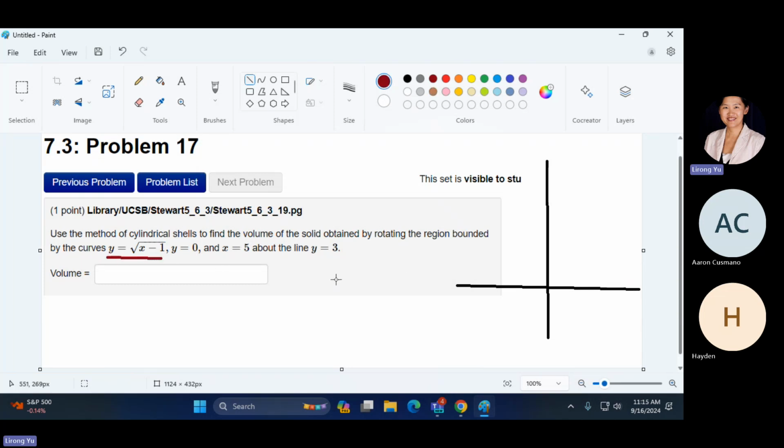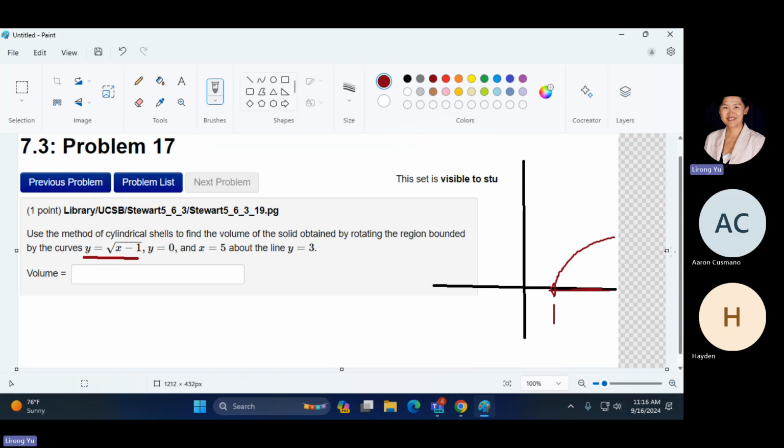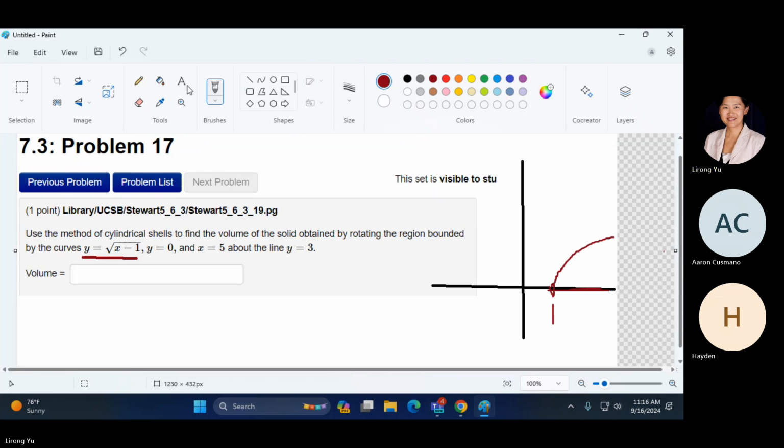This function is the root function starting at x equal to 1. Y equal to 0 is the bottom line, and then x equal to 5.